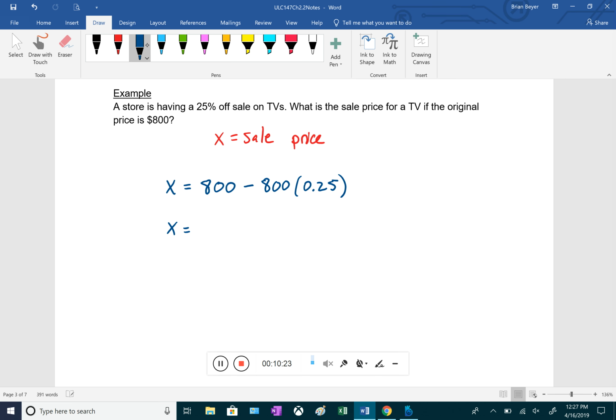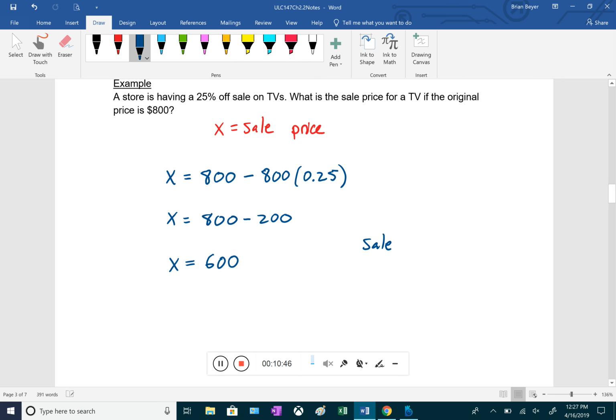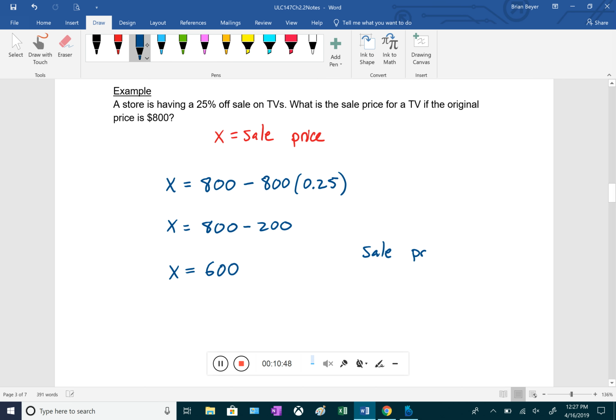So this is going to be 800 minus 200. 800 times 0.25 is the same as 800 times 1/4, which is 800 divided by 4, which is 200. So this is going to give us 600. So that means the sale price of the TV is $600.